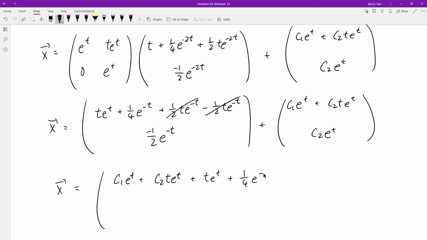And on the bottom, I would have c2 e^t minus 1/2 e^(-t).